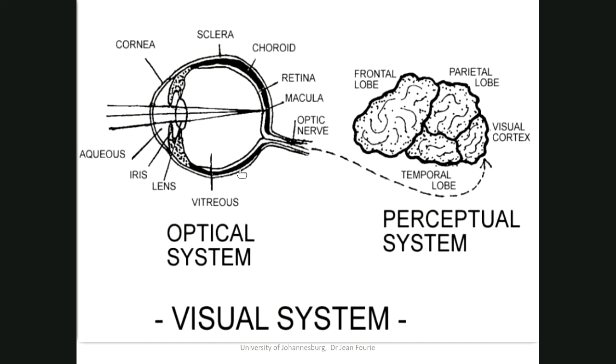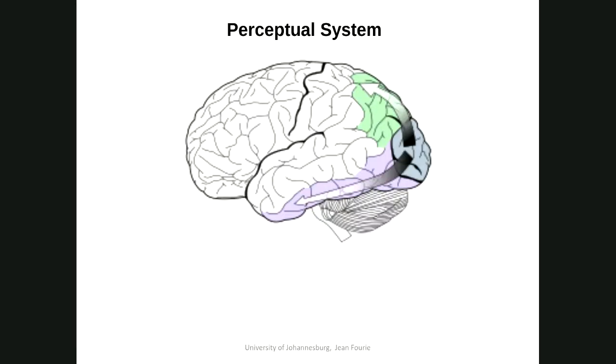So it's the eye and the brain all working together. So the nerves come into the optical cortex over here, where it gets processed, and we start to understand what it is that we are seeing and what it is that is in the environment around us.